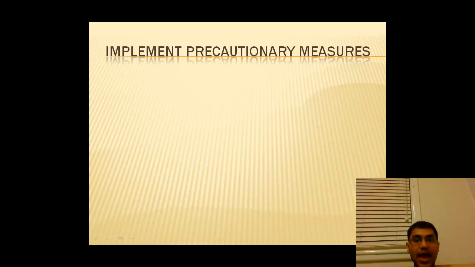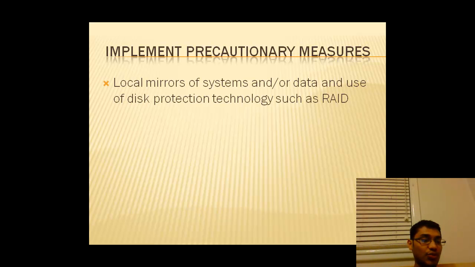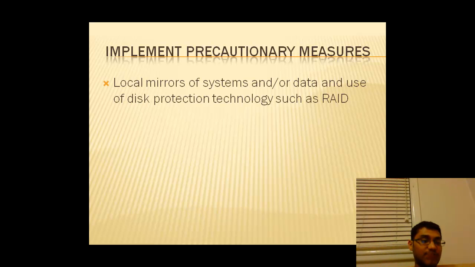Implement precautionary measures. In many cases, an organization may elect to use an outsourced disaster recovery provider to provide a standby site and system rather than using their own remote facility. In addition to preparing for the need to recover systems, an organization must also implement precautionary measures with an objective to prevent a disaster in the first place.